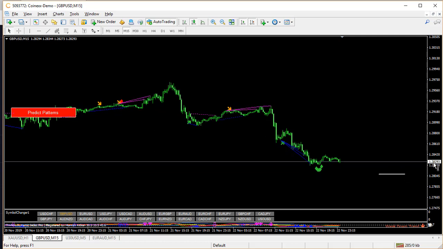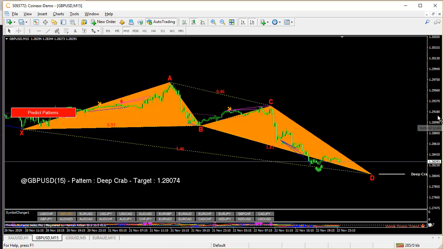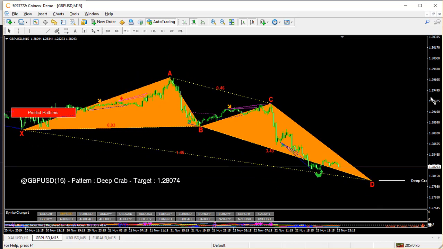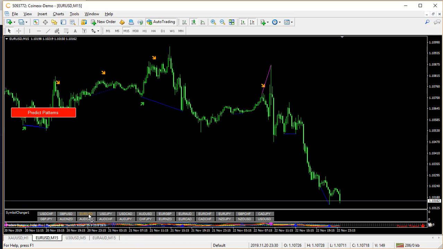This line right here notifies me that there is a pattern. If I click on it, the incomplete pattern will show up. As you can see, this is a Crab pattern, which I'm not interested to trade, since I'm mainly trading the C to D move. This is way past the C point. So we move to the next.